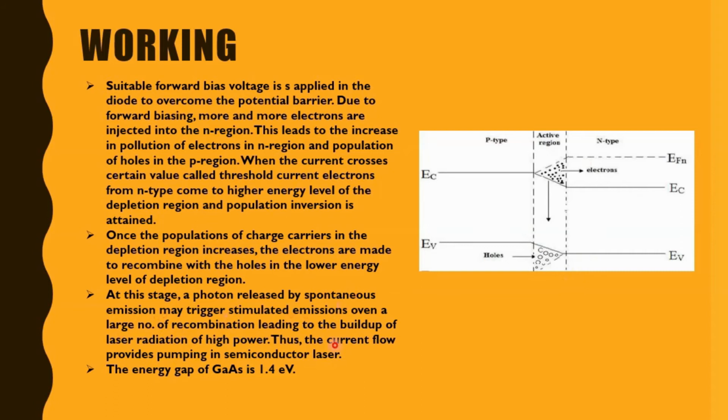Here a question can come: why does the current flow provide pumping in the semiconductor laser? At that point you need to state that when these charge carriers increase more and more, they start recombining in the lower energy level. Then spontaneous emission triggers stimulated emission, and a large number of recombinations build up laser radiation of high power.